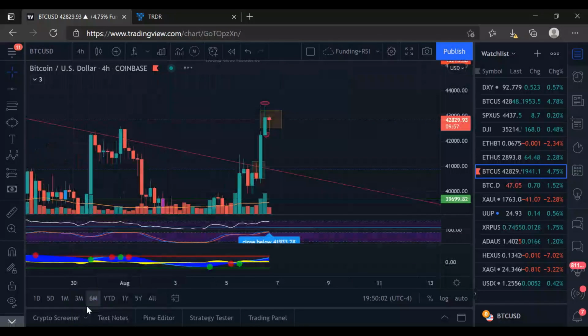So shorting a reversal, that's not the way I like to trade. Picking tops and bottoms like Max does. That's Max. He'll pick tops and bottoms all day.